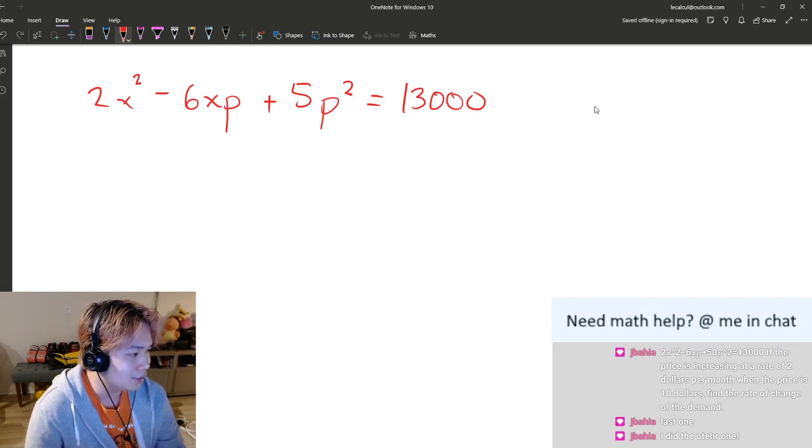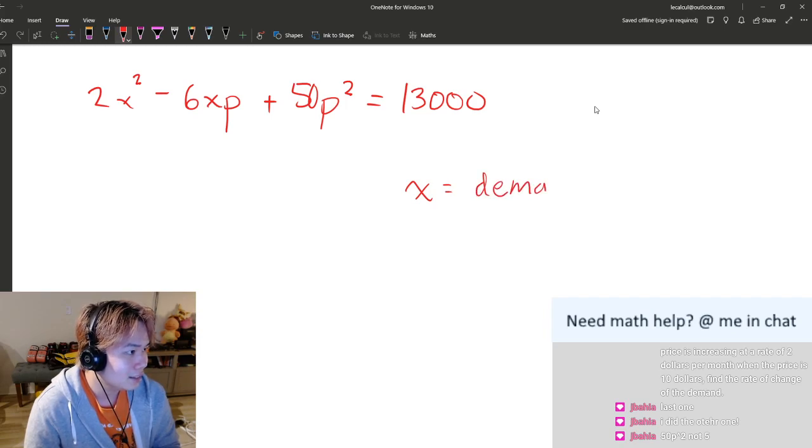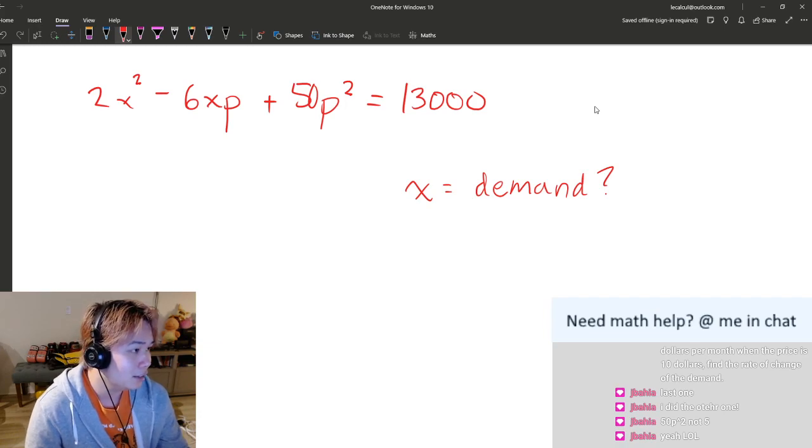What? Is this all they told you? Does x represent demand? And then p is price, right? Wait, what's so hard about this question?